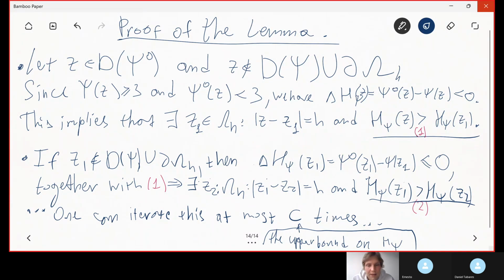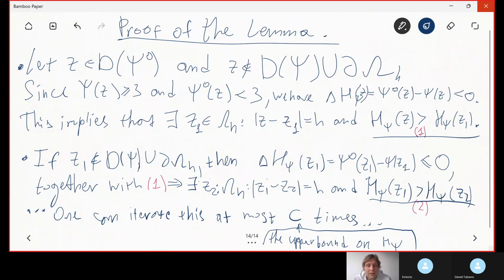Together with 1, it gives that there exists a second point such that the value of the toppling function at this point is again strictly less. Okay, so if the Laplacian is non-positive and we know that there is a neighbor which is greater, it means that there is a neighbor which is smaller.